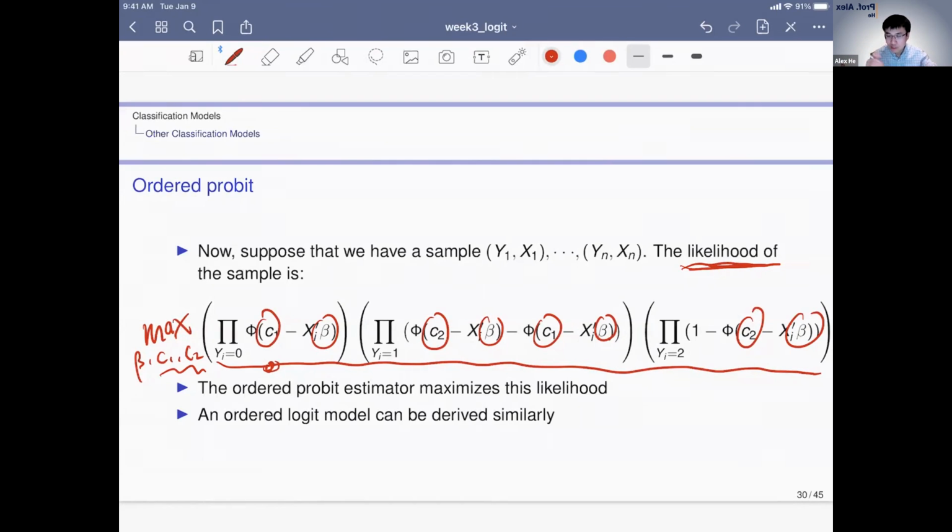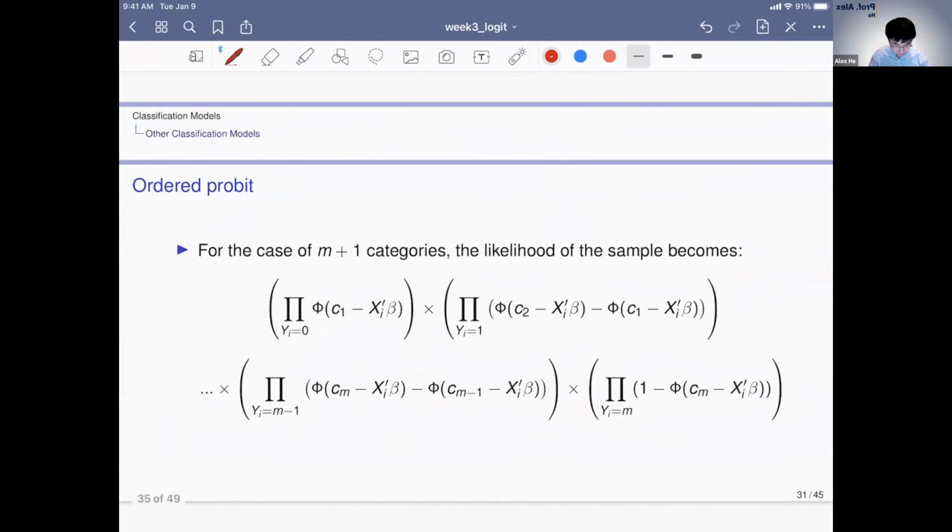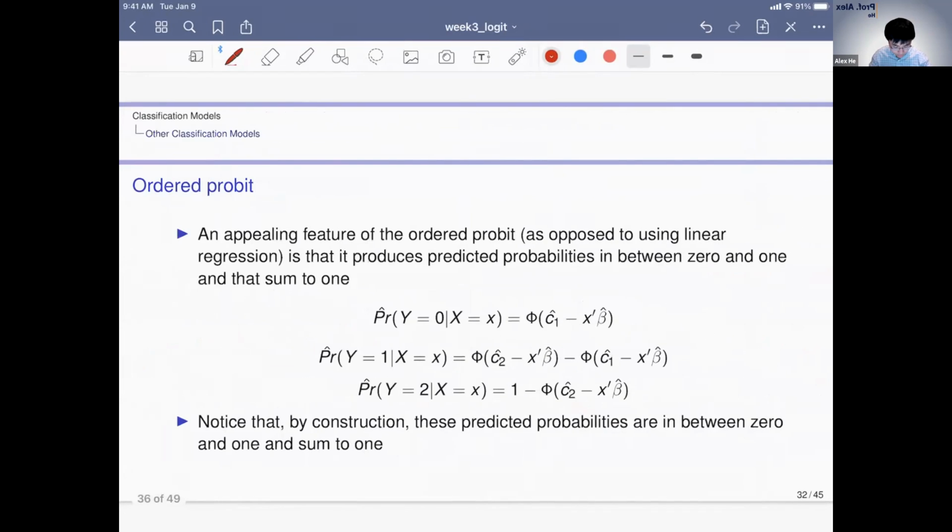But here we have several categories, so we need to have several cutoffs, and we will also choose those cutoffs to maximize the likelihood. That's the intuition. It looks very complicated in math, but the intuition is just what I have described.